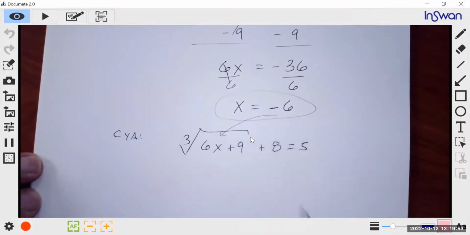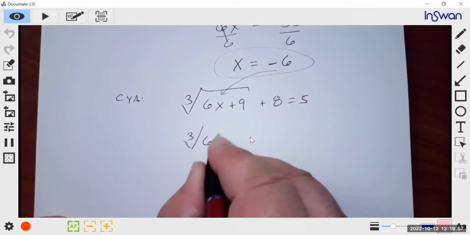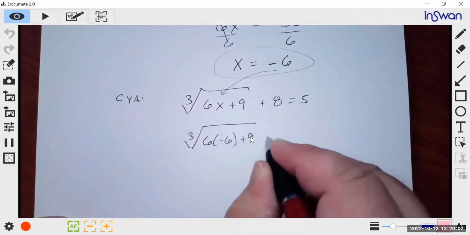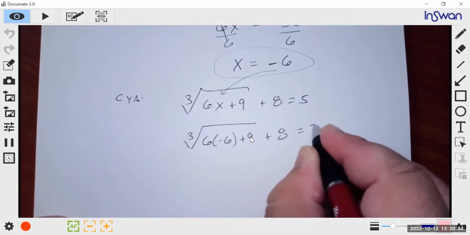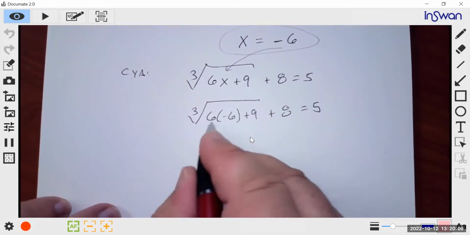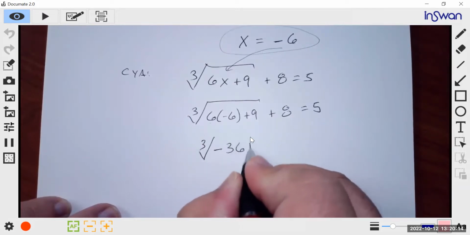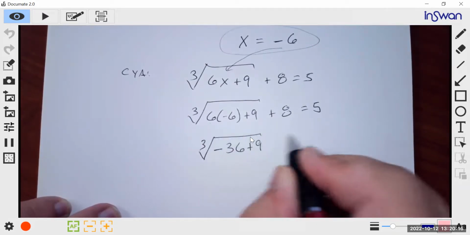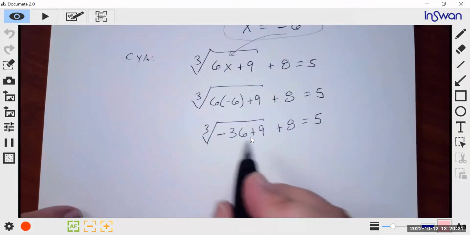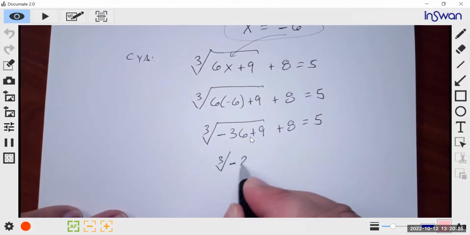So we put a negative 6 in place of x. 6 times negative 6 plus 9 plus 8 equals 5. 6 times negative 6 is negative 36 plus 9 plus 8 equals 5. Negative 36 plus 9. Negative 27.